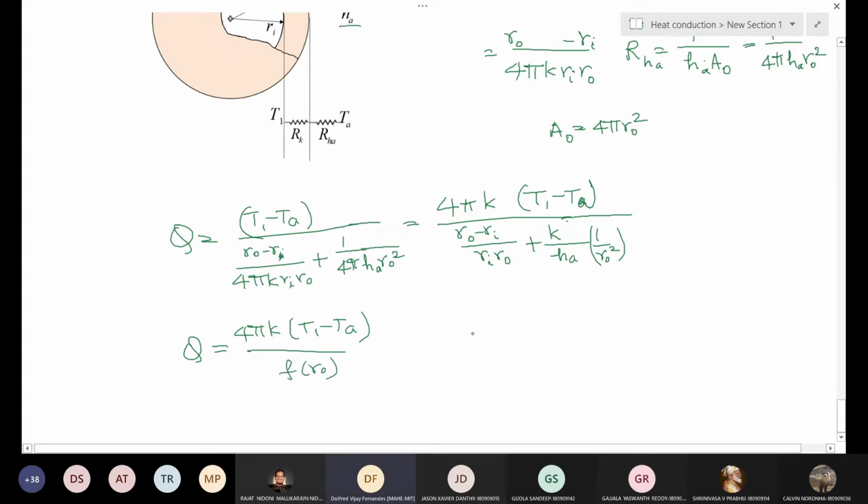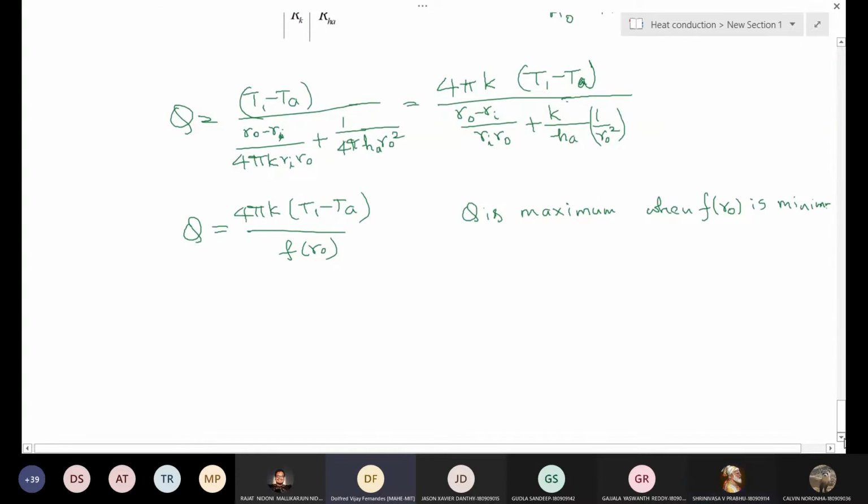So Q is maximum when f of R0 is minimum. Same technique. So how do you find the minimum of this function f of R0? Differentiate with respect to R0.